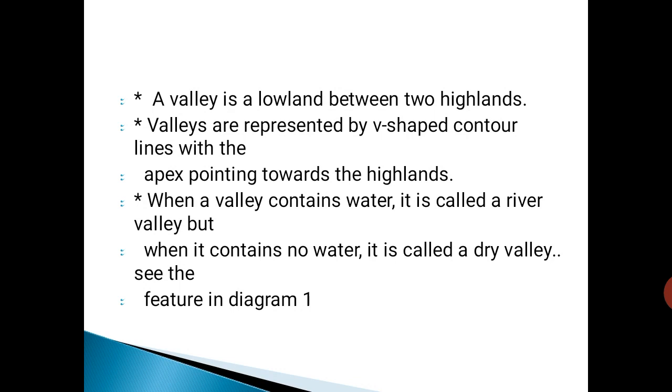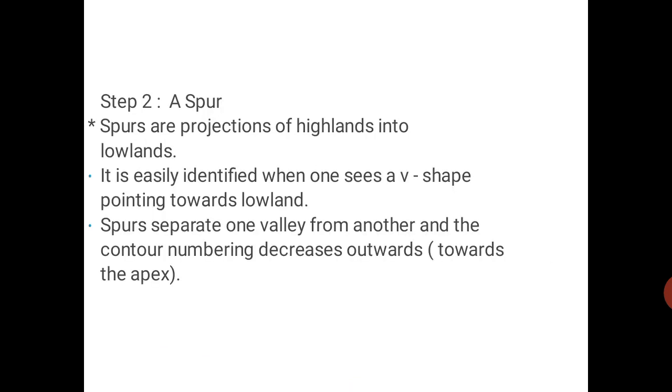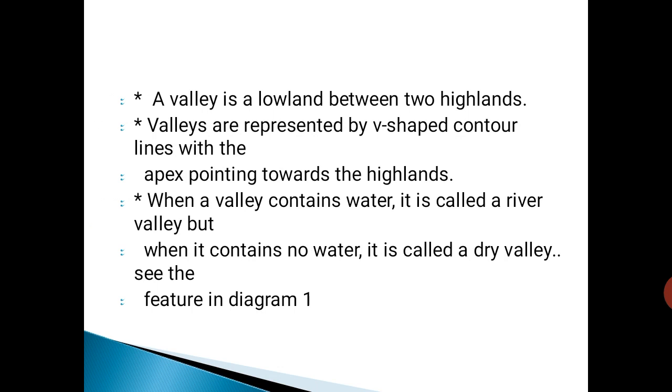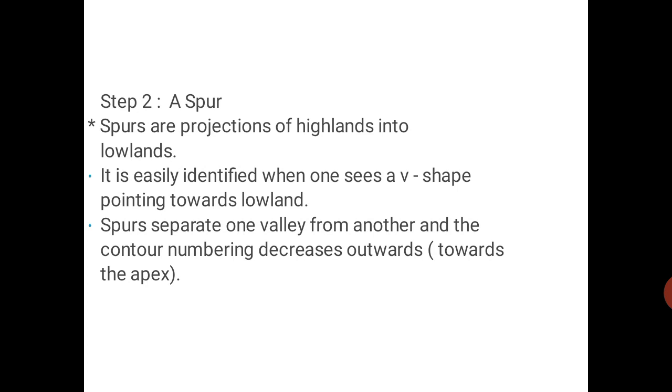When a valley contains water, it is called a river valley. But when it does not contain water, it is called a dry valley. See the picture in diagram 1 below. Step 2. A spur.